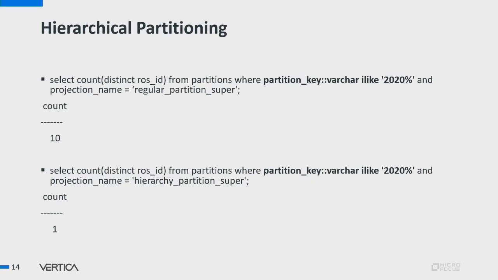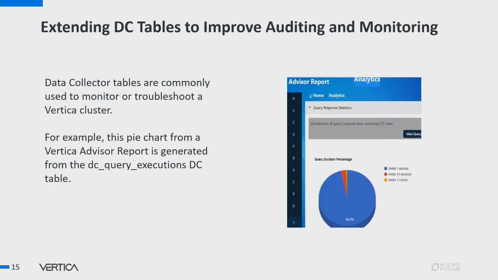Here, for the year 2020, as expected, because there are 10 rows for that particular year, we can see there are 10 ROS containers for year 2020. However, for a hierarchical partition table, we can see that there's only 1 ROS container for that year. And now I would like to turn back to Serge for his extending DC tables.